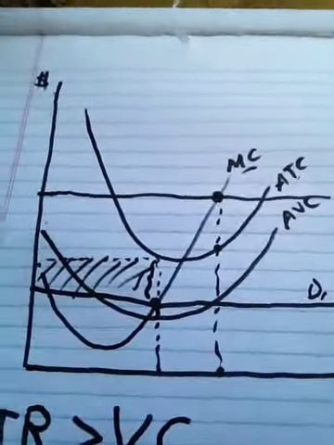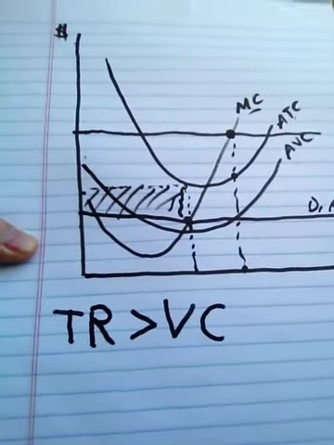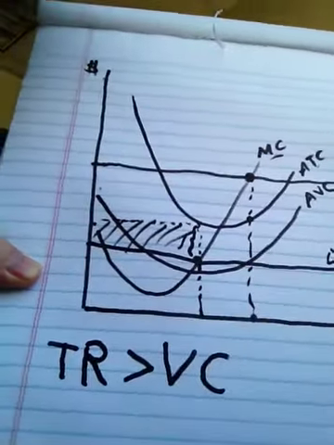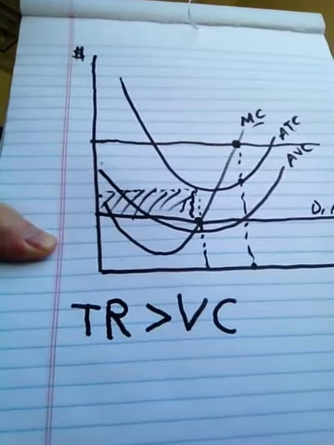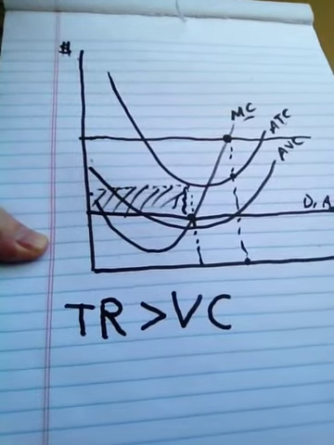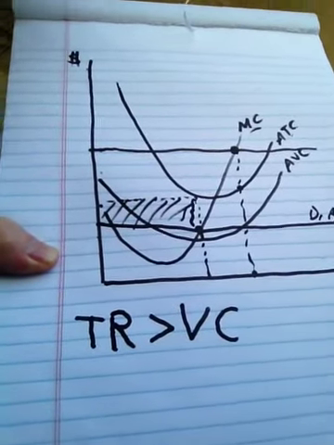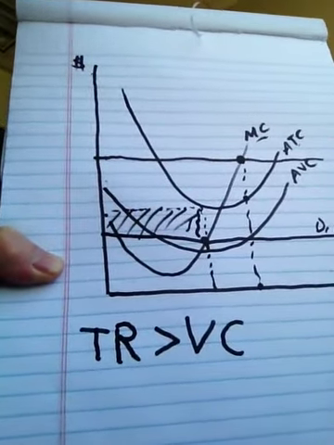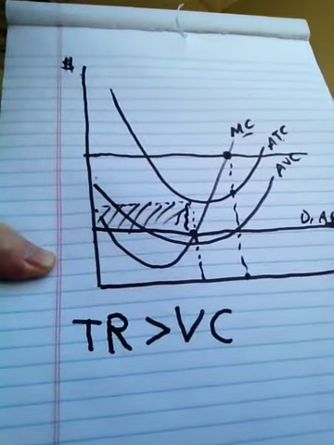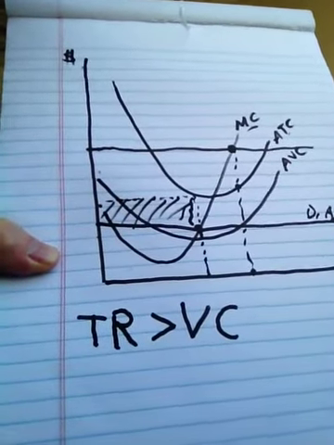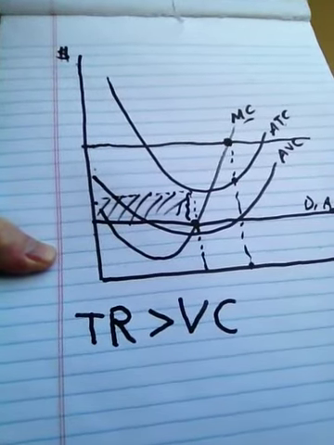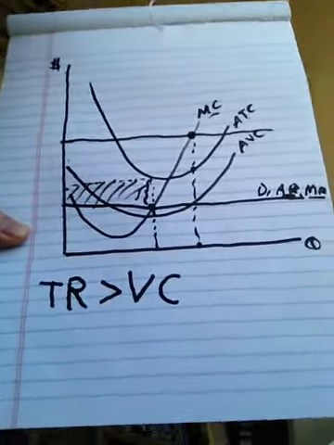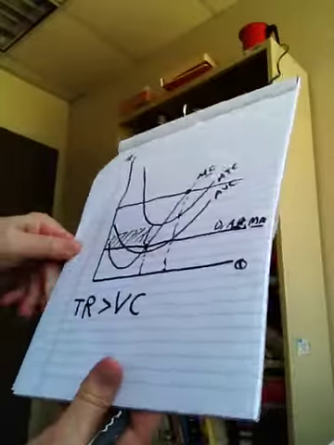If the total revenue exceeds the variable costs, it will continue producing irrespective of the fact that it's sustaining losses. If total revenue does not cover variable costs, then it will shut down. If total revenue continues to cover variable costs, it'll continue producing even though it's sustaining losses. Let me show you why very quickly.